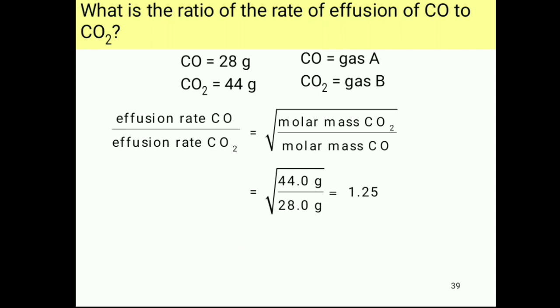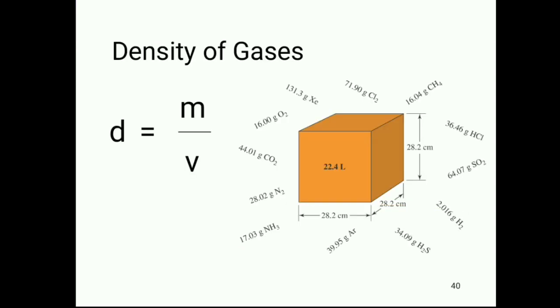So it's like gas particles. The lighter the gas particle, the faster it will effuse or diffuse. So in this case, between the two, carbon monoxide diffuses or effuses 1.25 times faster than carbon dioxide. So that's how we use the answer 1.25 in interpreting which of the two is effusing or diffusing faster than the other.